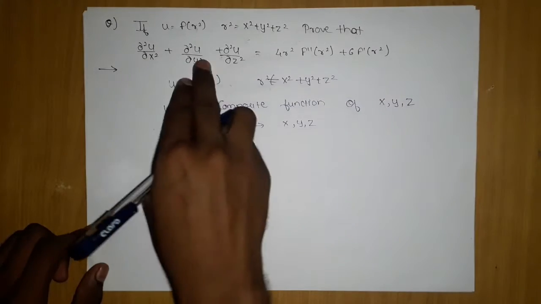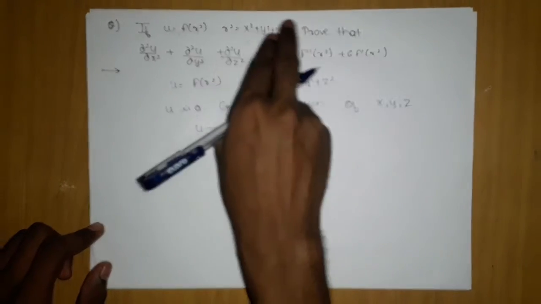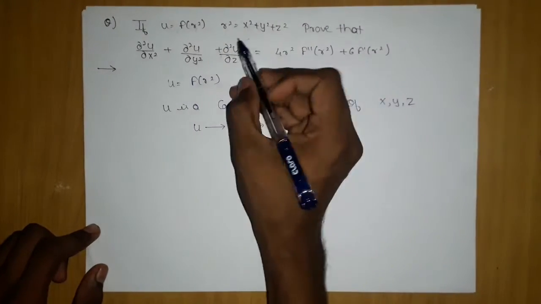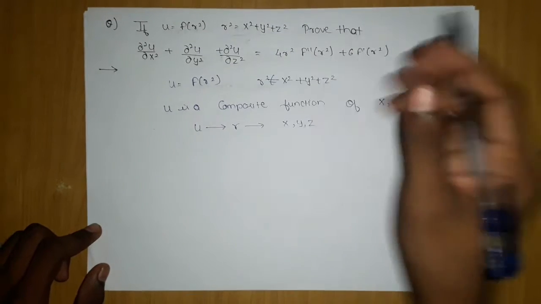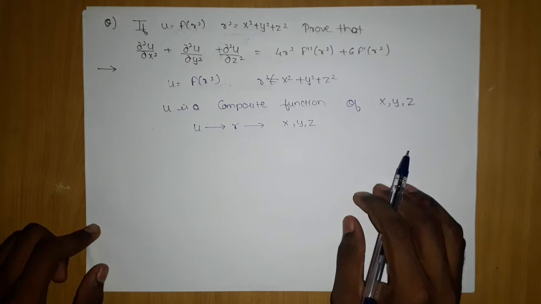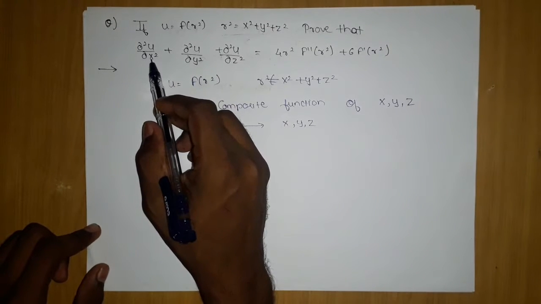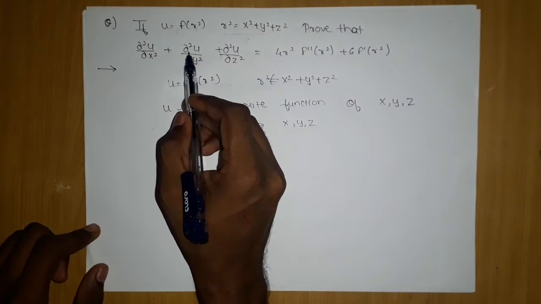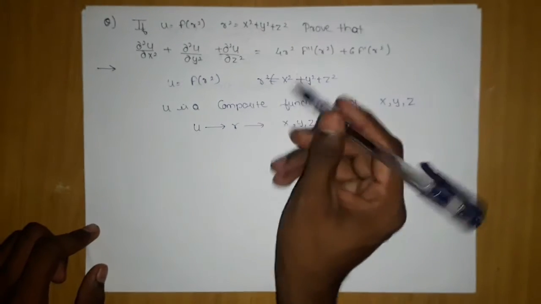Now we want this, and we know that this type of function is symmetric, if you plot its graph. So if I find dou square u by dou x square, similarly I can write it for dou square u by dou y square and dou square u by dou z square.